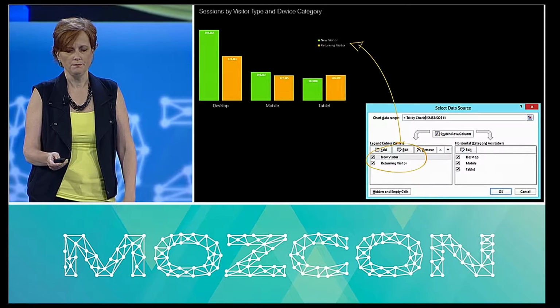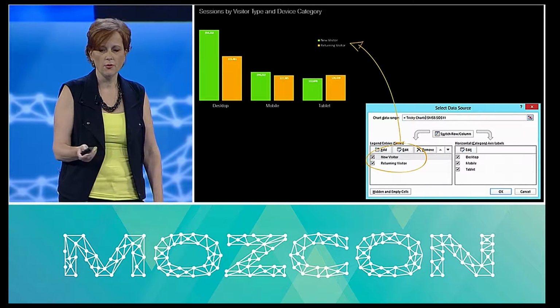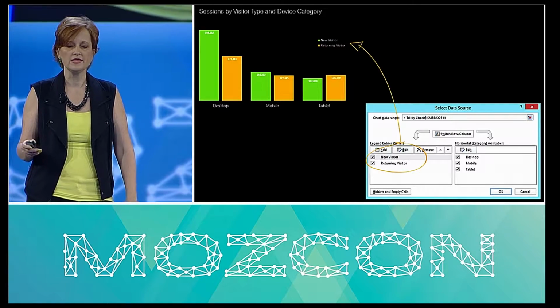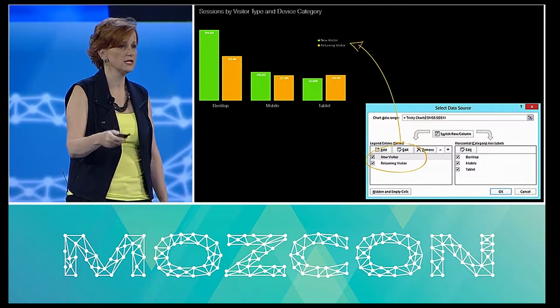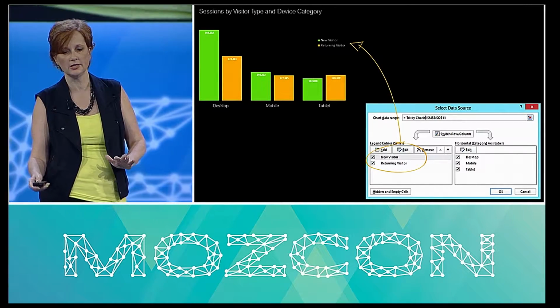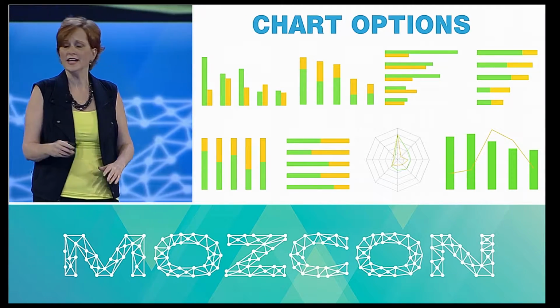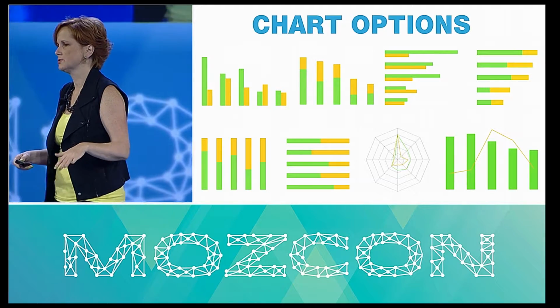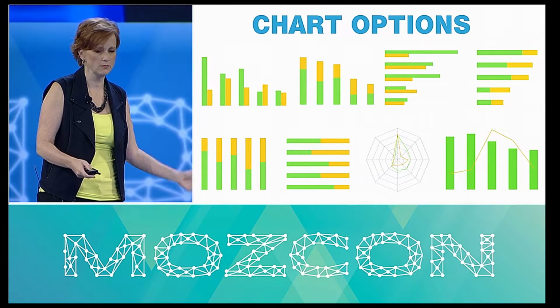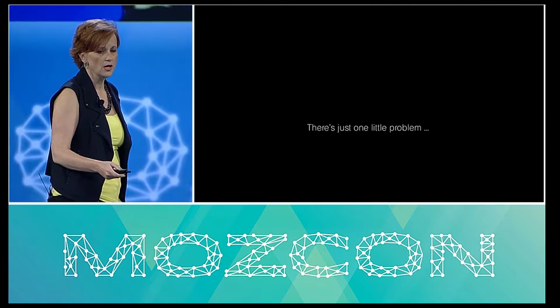And then just as we saw before, we have the select data source dialog with the data series populating to the legend, which is ultimately a dimension from Google Analytics. And then you have all the chart options we've seen before that we saw with 1 dimension, multiple metrics.